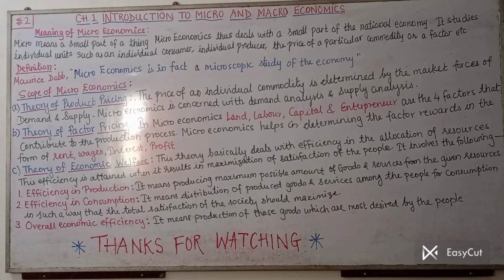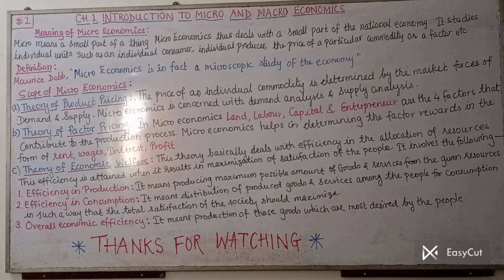That means whatever activity we are undertaking, the maximum number of people should derive satisfaction from that. This theory of economic welfare is again divided into three things. Those are as follows. First one, efficiency in production.